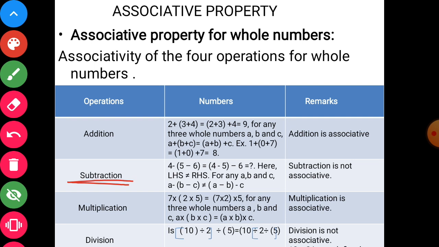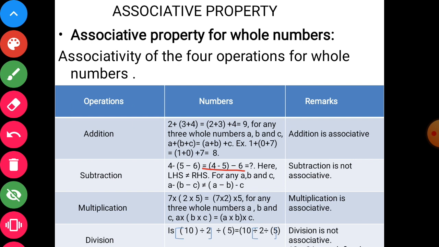Now if you subtract, first we have to subtract the numbers inside the bracket, right? 5 minus 6 we have to subtract first because these two numbers are inside the bracket. So how much we get? Minus 1 we get. Then 4 minus (minus 1) is there. 4 minus (minus 1), how much we get? 3 we get, right?